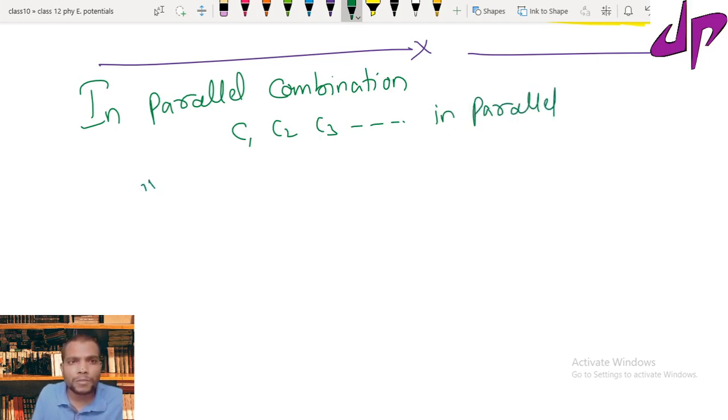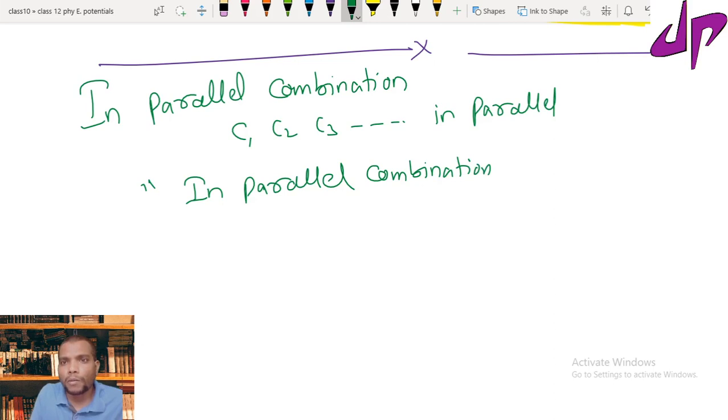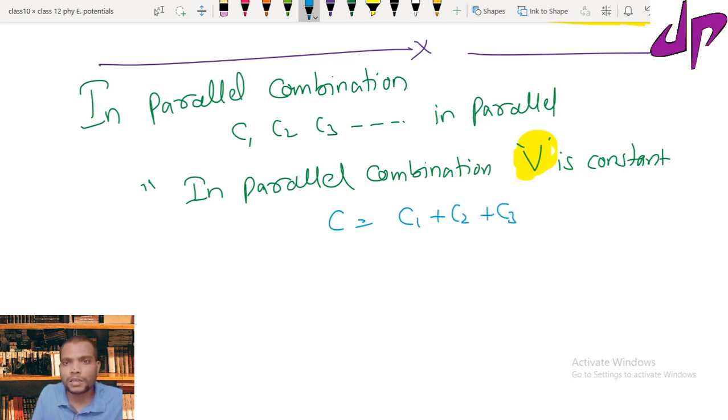What is the key point in parallel combination? The potential V is constant. In series combination the charge is constant, and in parallel combination the potential V is constant. Not only that, if you remember, in parallel combination the total capacitance C equals C1 plus C2 plus C3 and so on.